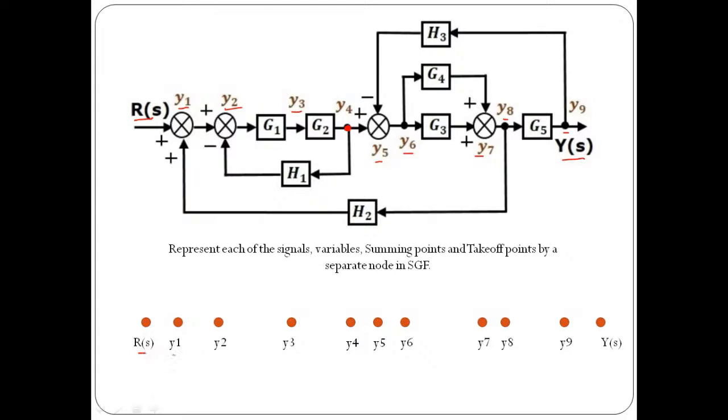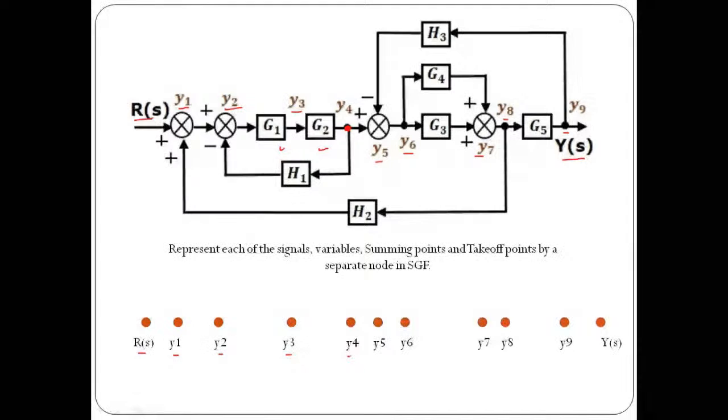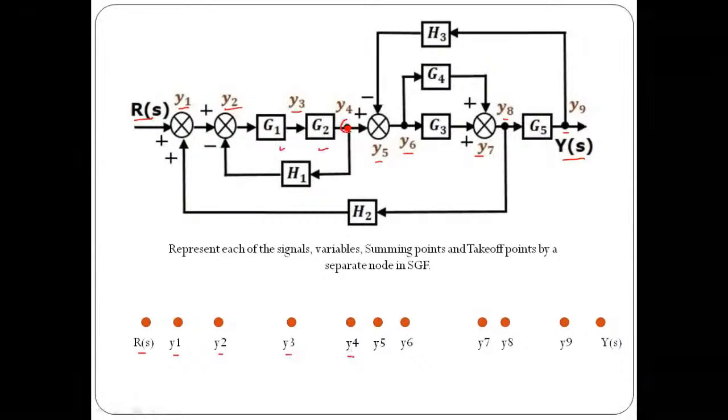This will be the node corresponding to the first summing point. This will be the node corresponding to the second summing point. This will be a node corresponding to an intermediate signal that is going to be developed between the blocks of gain G1 and G2. In the same way, this y4 indicates the node corresponding to this takeoff point, and so on.